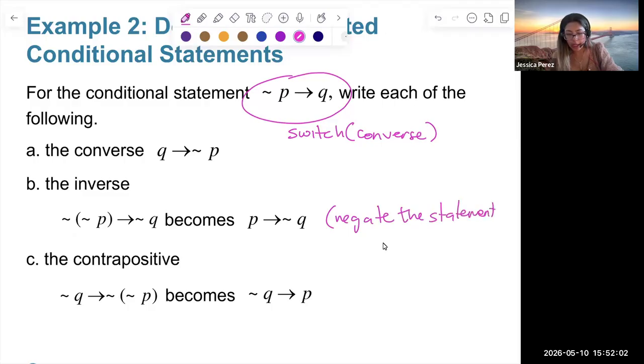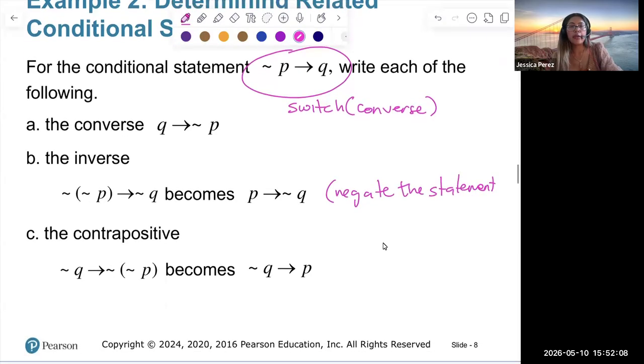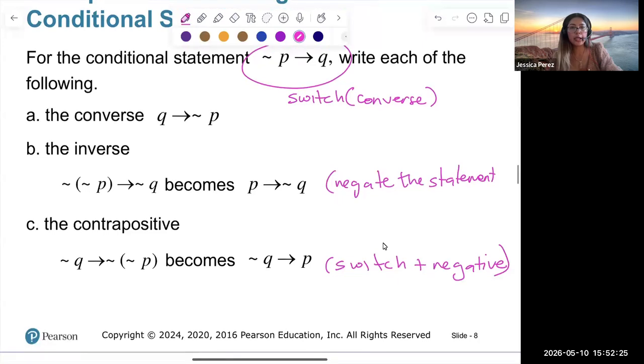So not P becomes P, and Q becomes not Q. The contrapositive, all you have to do is switch them and negate them. So this is switch plus negate. You switch them and then negate Q, and then implies not P.